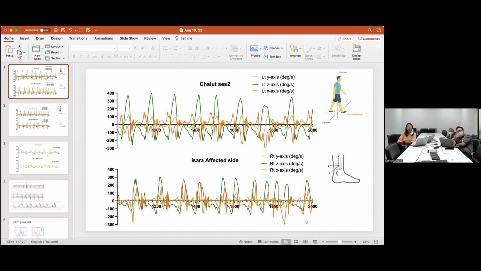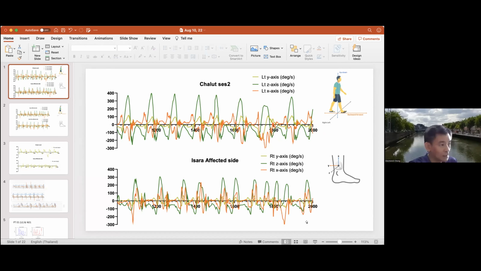So that means in the patient, there are two axes that have angular velocity. So that's why Tom made the conclusion that you want to look into the x-axis and the z-axis, right? These two axes.